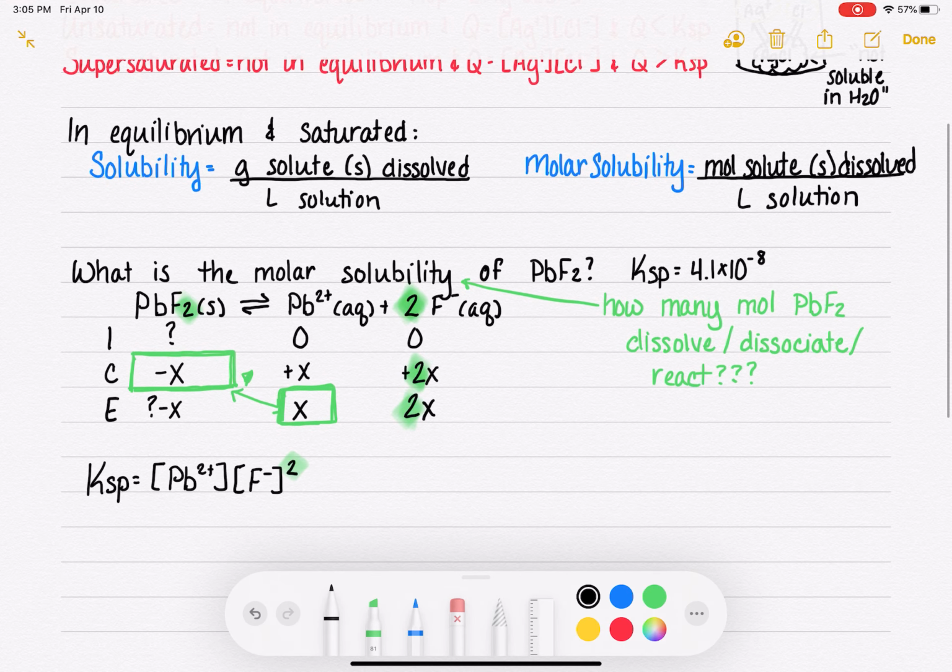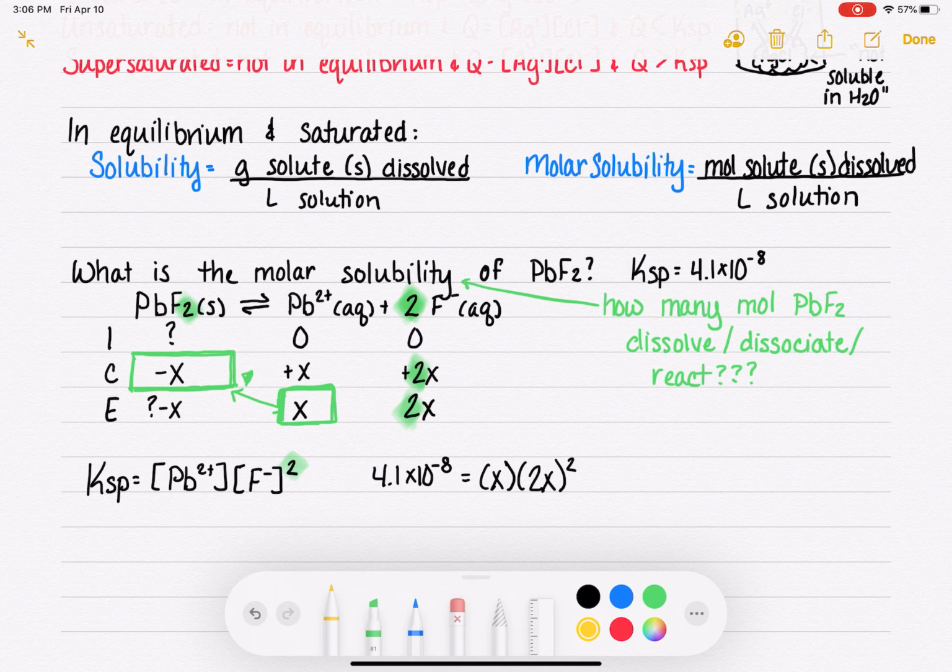What is our KSP value? It is 4.1 times 10 to the minus 8, and that is X times 2X, which is squared.